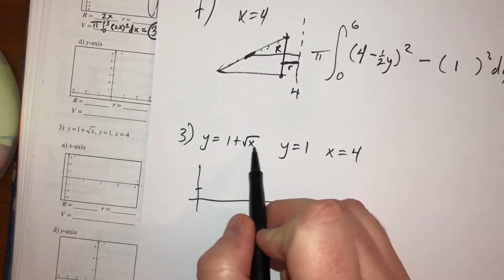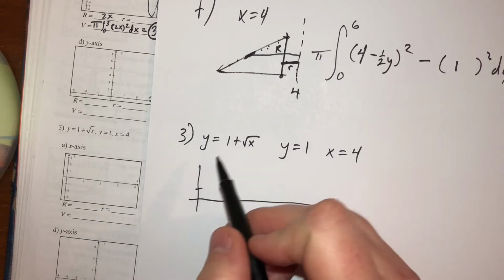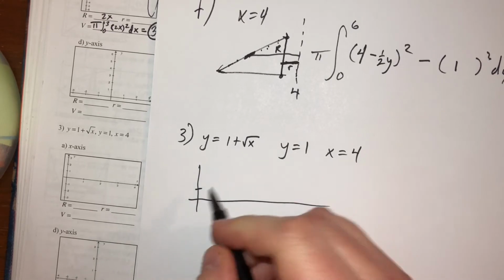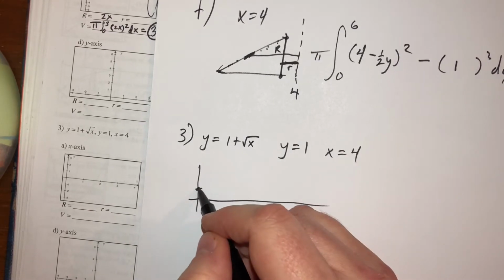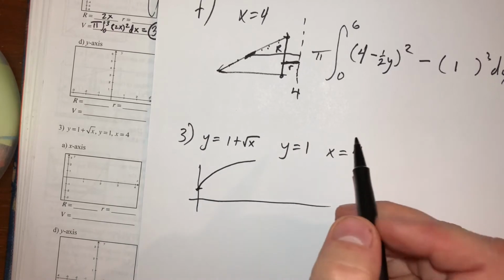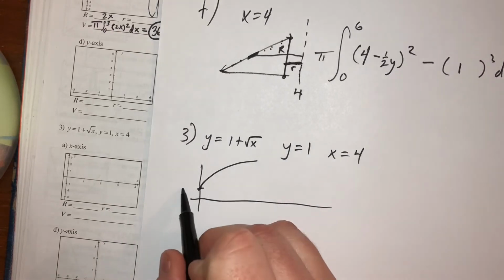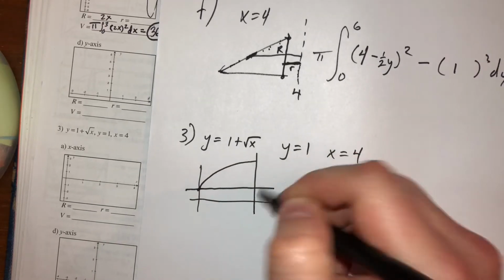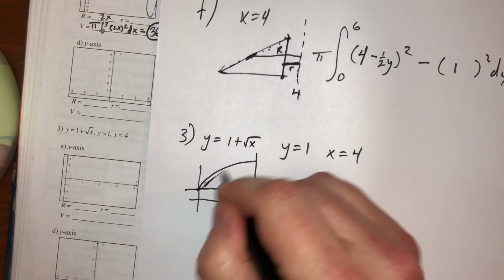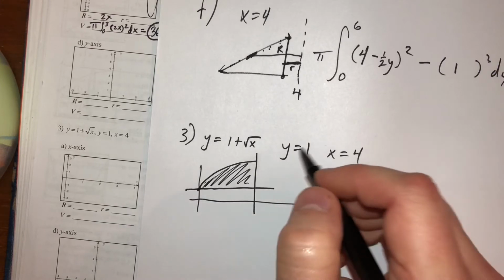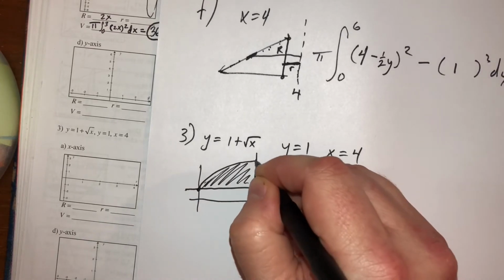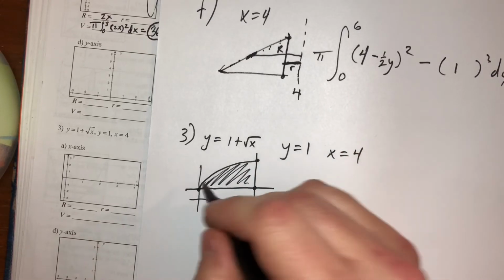All right, y equals 1 plus root x. Well, 1 plus root x is that top half of the parabola, which normally starts at 0, so that 1 plus tells us to move it up 1. So it's that. And y equals 1 is that, and x equals 4. So here's my shaded region. I should find these points, as I might need them at some point.